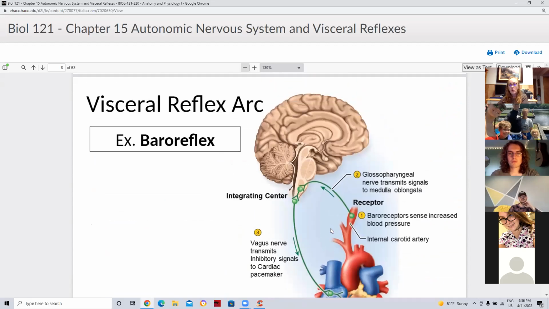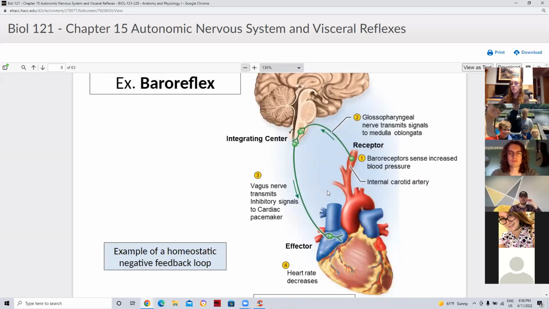Baroreflex. By just reading the word alone, what do you think this has to do with? Arterial pressure, yes. So baroreceptors are found in the carotid sinus and the aortic arch.